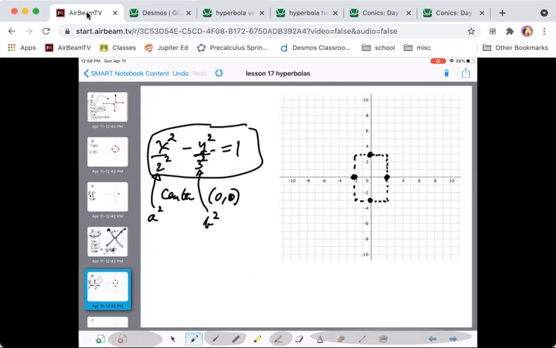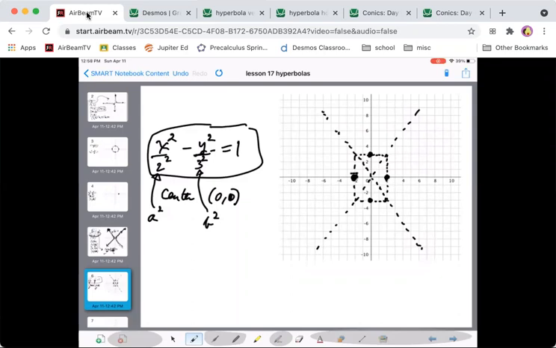Then, as a dotted line, you make the diagonals of that rectangle. So I have these 6 dotted lines, the 4 sides of the rectangle and 2 diagonals. So what do you think those 2 diagonal lines are? They are the asymptotes.